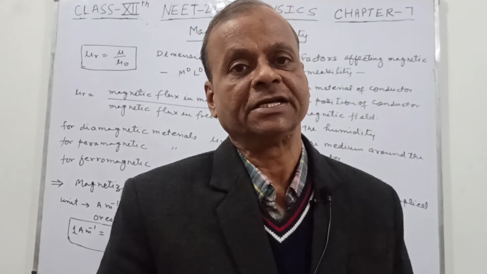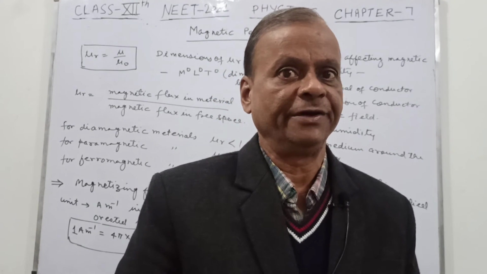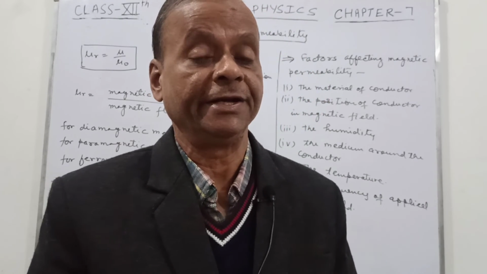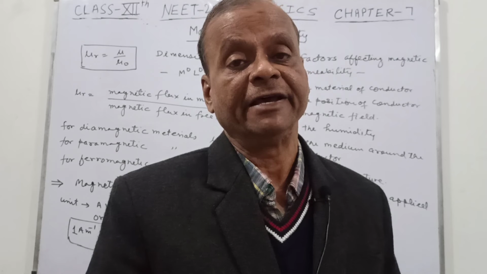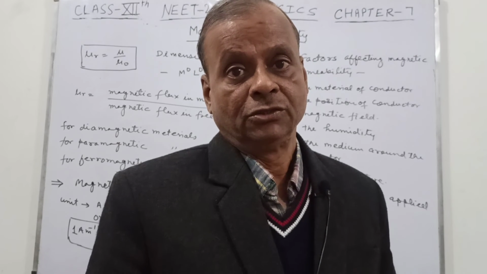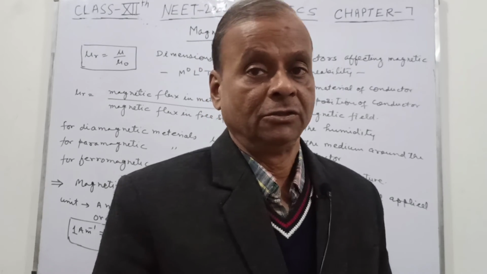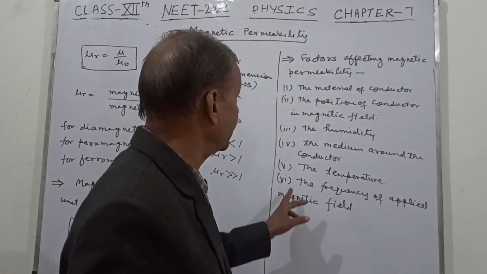When there is a current that is varying with time, then definitely this magnetic field will be varying with time. So we will have the frequency of this one. So these factors will affect the magnetic permeability. These are the 6 factors.